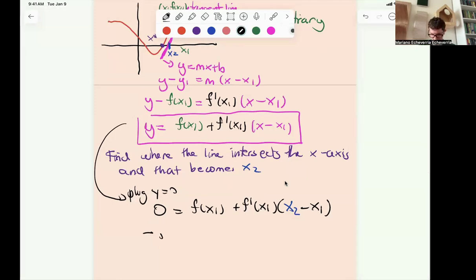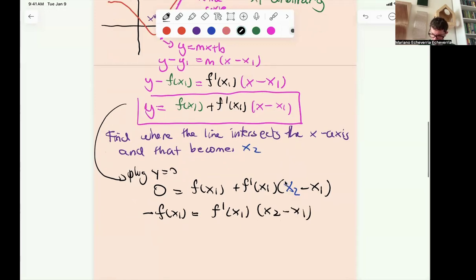You get minus f of x1 equals f prime of x1 times x2 minus x1, and then you divide by the derivative.